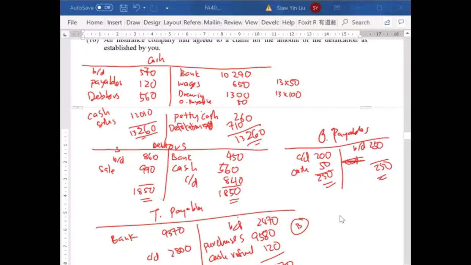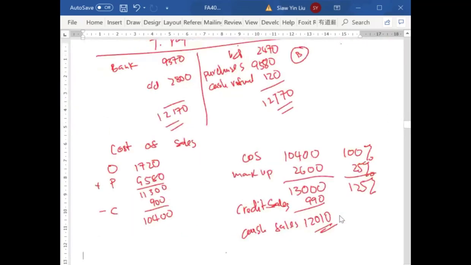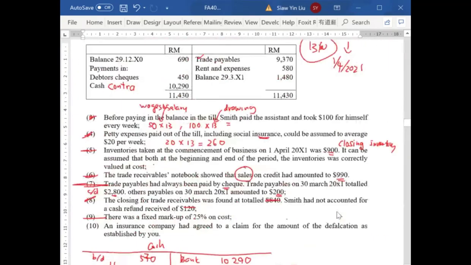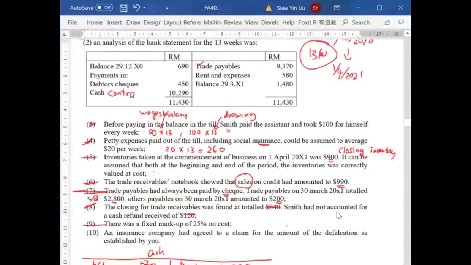Most importantly, you will have these three expenses: wages and salary, insurance, and rental.